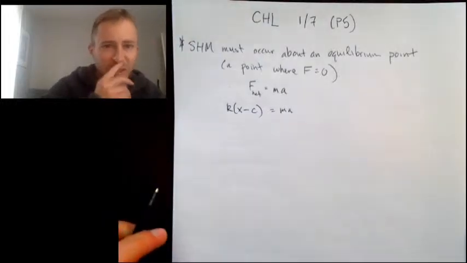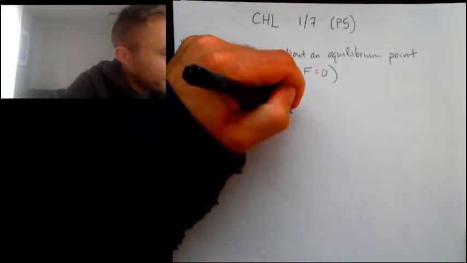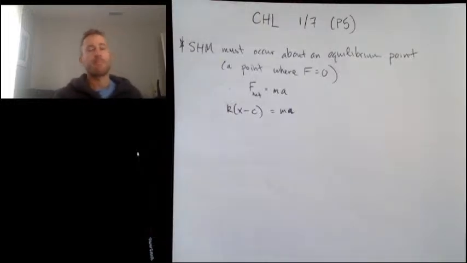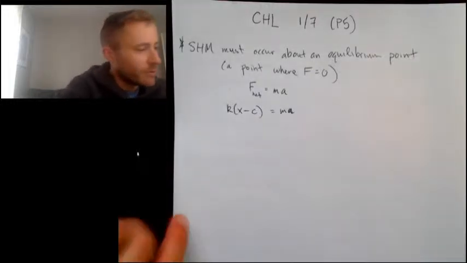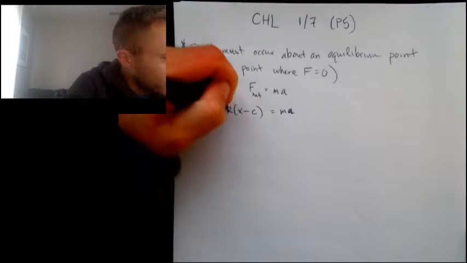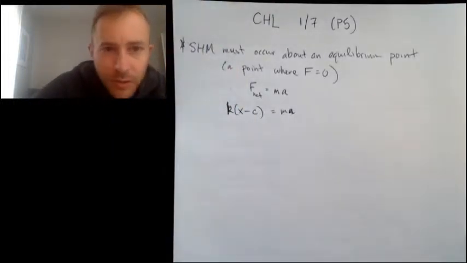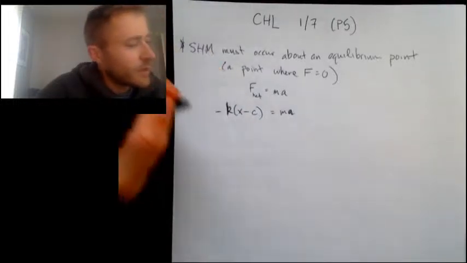What is going to be the x value that is the equilibrium position? Type it into the chat if you know. X equals what? Where is the location of equilibrium?